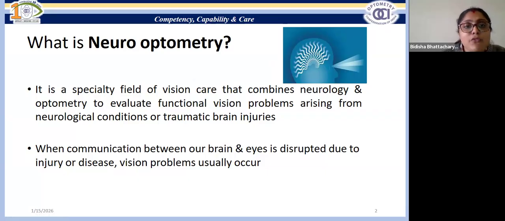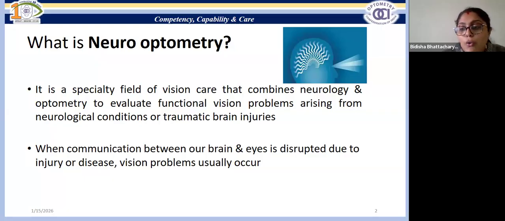Basically, when the communication between the brain and the eye is disrupted, the patient starts to have dysfunctions due to injury or some kind of disease, and that's why different types of vision problems like asthenopic symptoms, diplopia, blurring of vision, and visual field loss usually start to appear due to this failure.